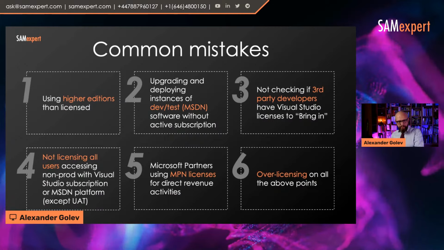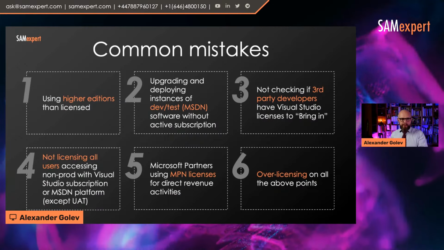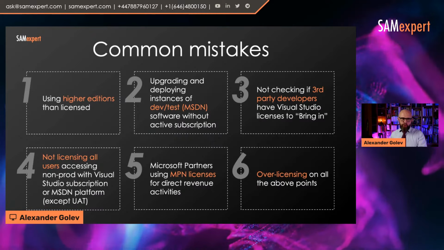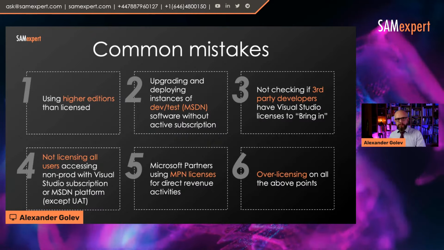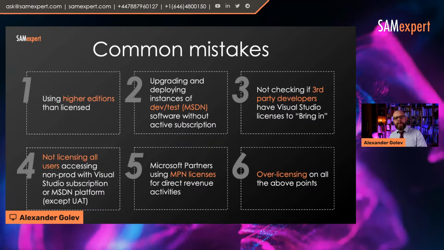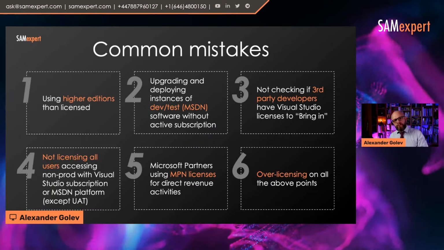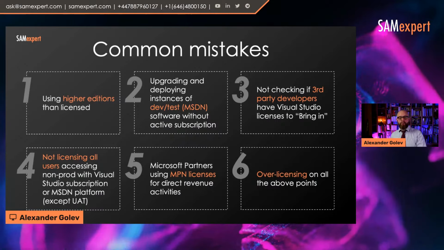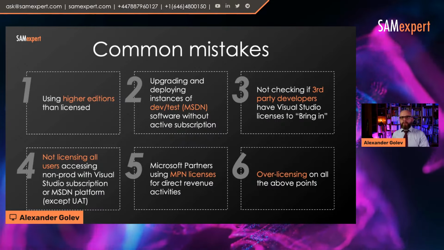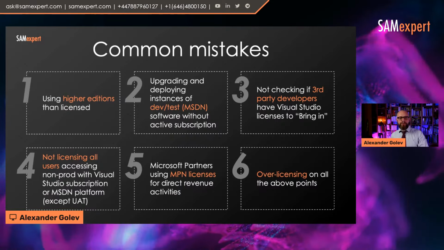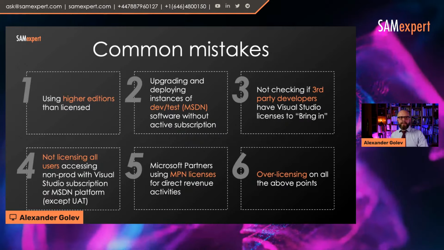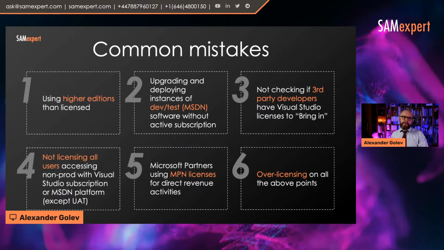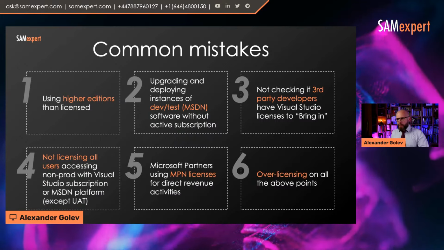Maybe you don't need to buy them licenses, but when you decide not to buy licenses for them because they told you that they have licenses, not checking those licenses may be a problem in an audit. Auditors will ask you for proof, and you will have to go back to those people and ask them to demonstrate that they have the licenses. And if they come back and say, actually we don't, you're in trouble. Then it becomes your responsibility.